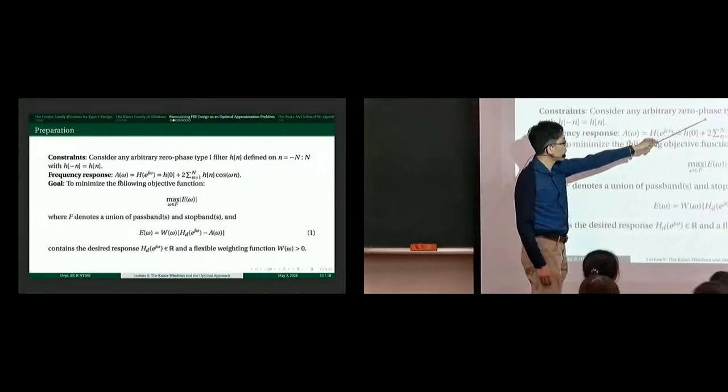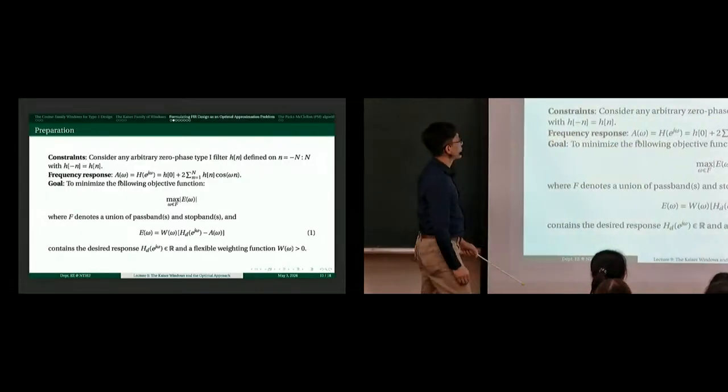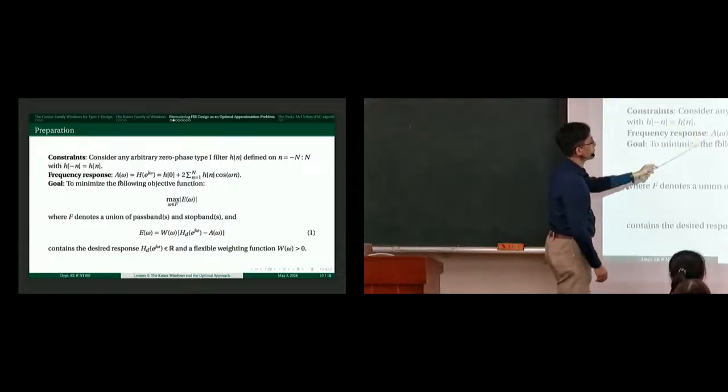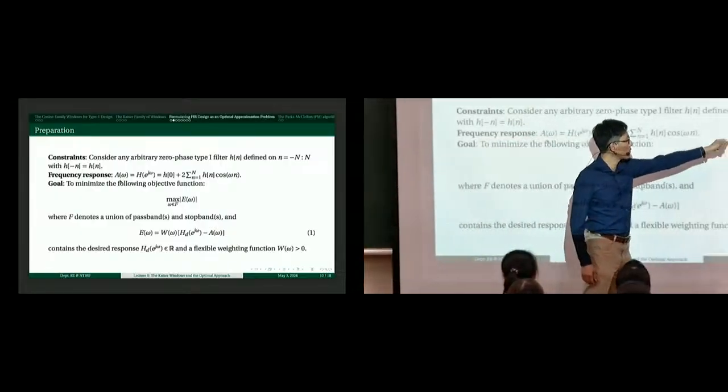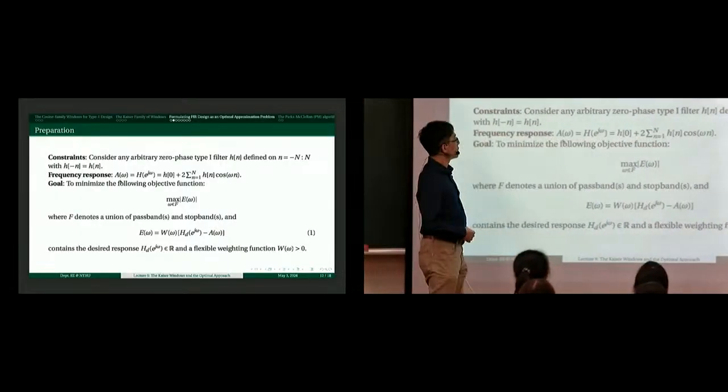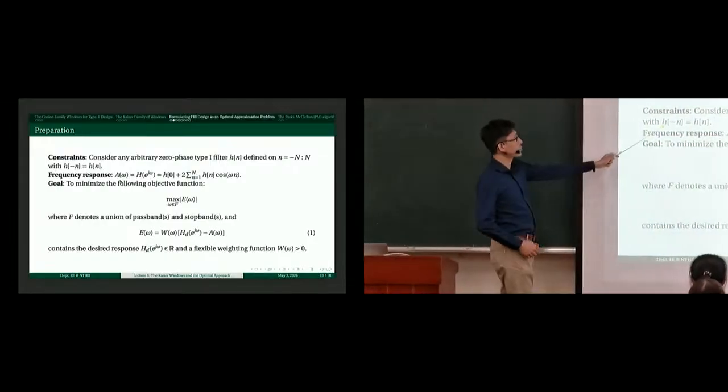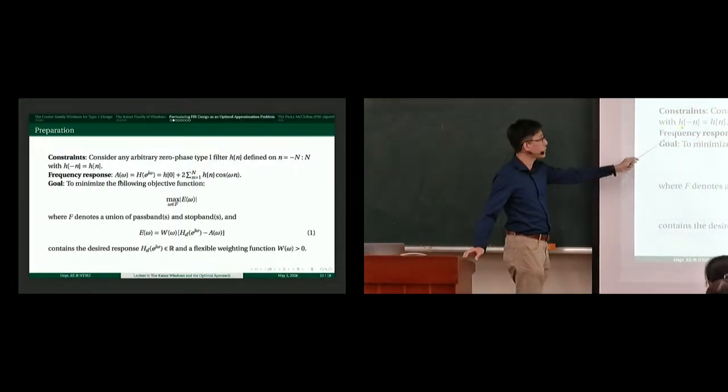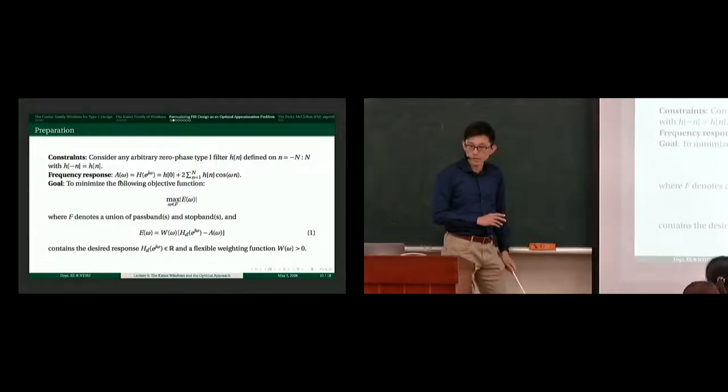So consider that we are designing any arbitrary type 1 filter defined over the time range of -N to N, and with this symmetry. Again, for the convenience of discussion, back to the case of non-causal filter. Let's not worry about causality at first.